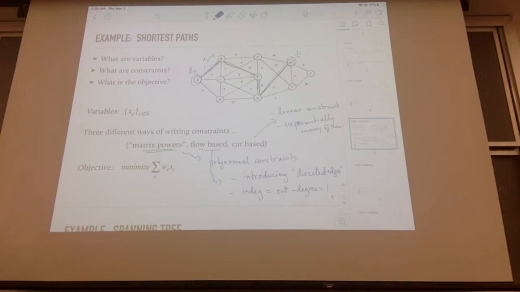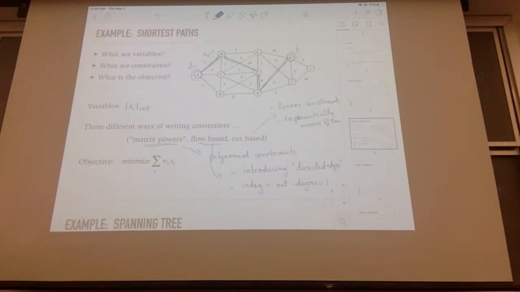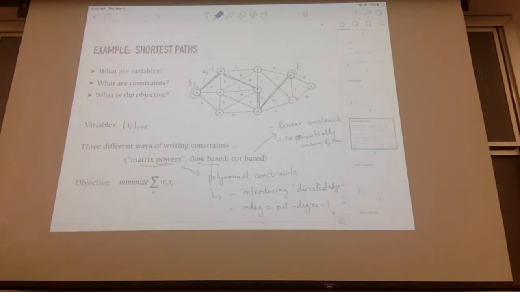So this is one example of a non-trivial optimization formulation. And the big picture in all of these optimization formulations was, in some sense, you want to find what the variables are, what the constraints are, and what the objective is.